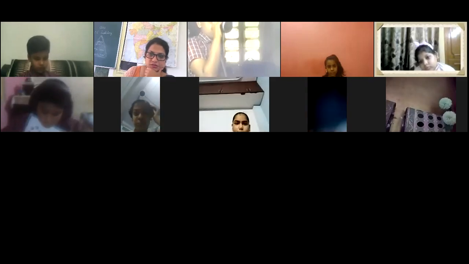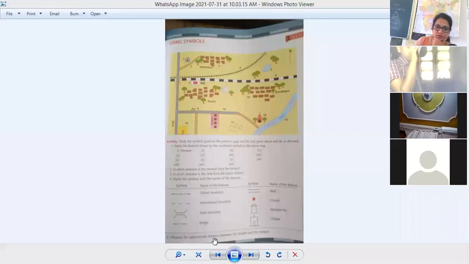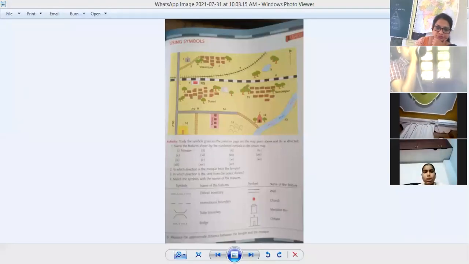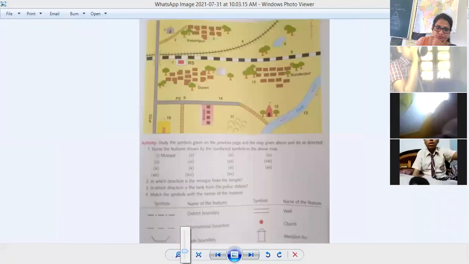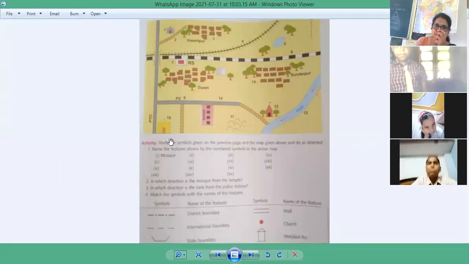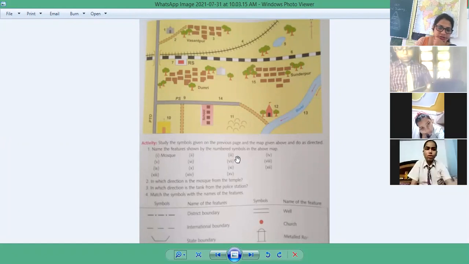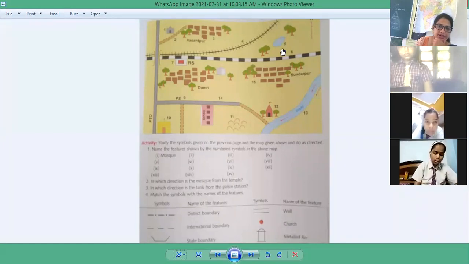Next, with the help of these pictures, you will find out the second, third option, the symbol, right? Name the symbol.